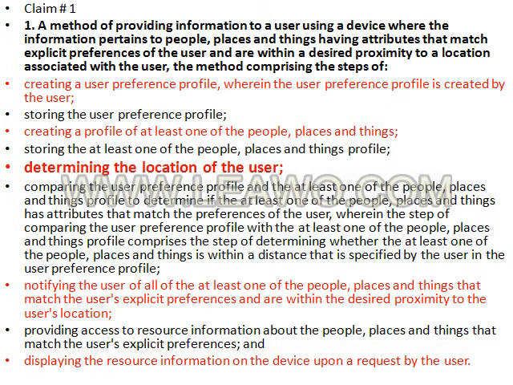Once something pops up, you can actually access information, whether it be the number of the homeowner, a link to the actual house for pictures, things of that nature. Displaying the resource information on the device upon request by the user. So basically, once it pops up, you click on the link and the information pops up. That's what it is.